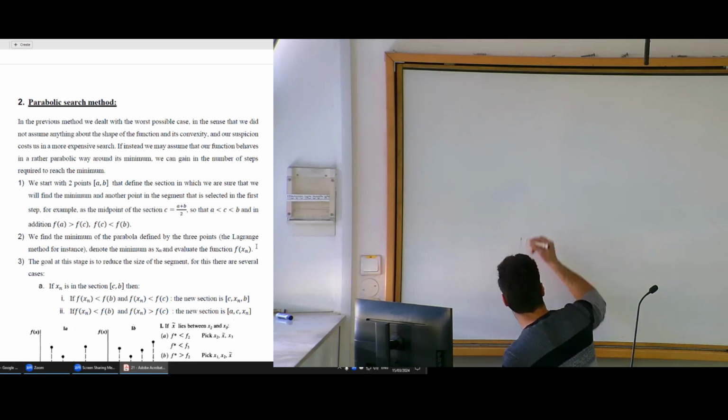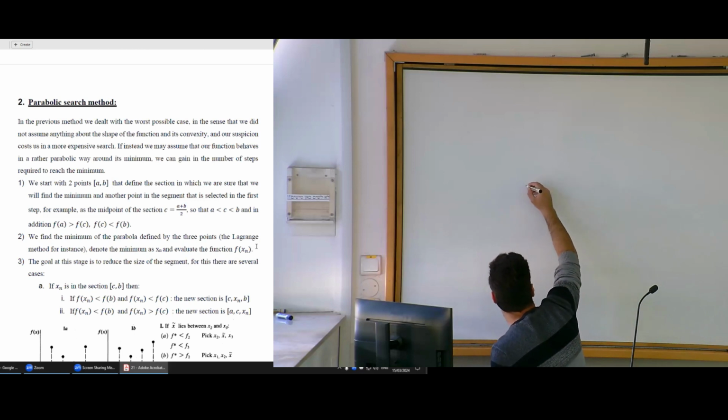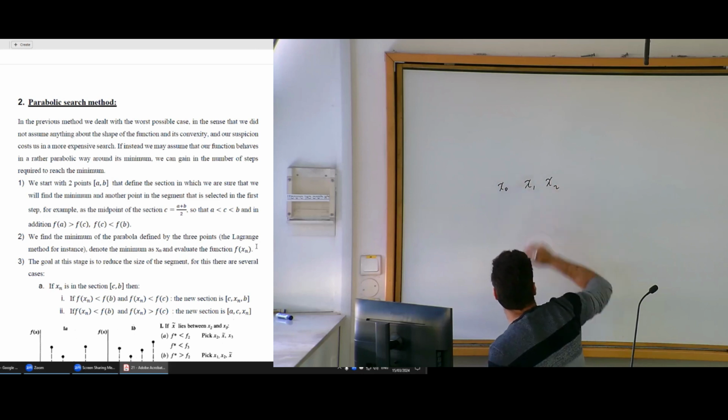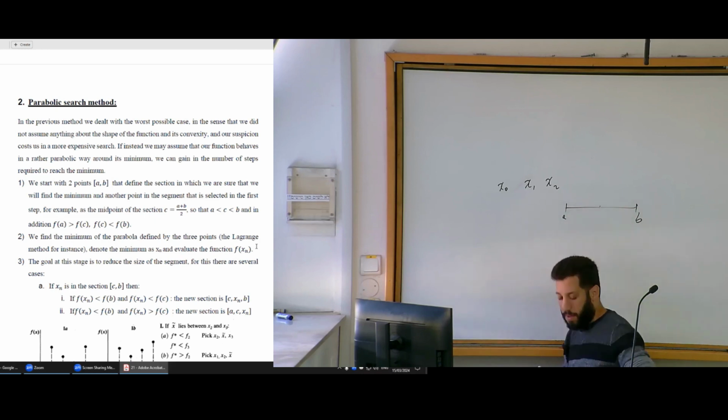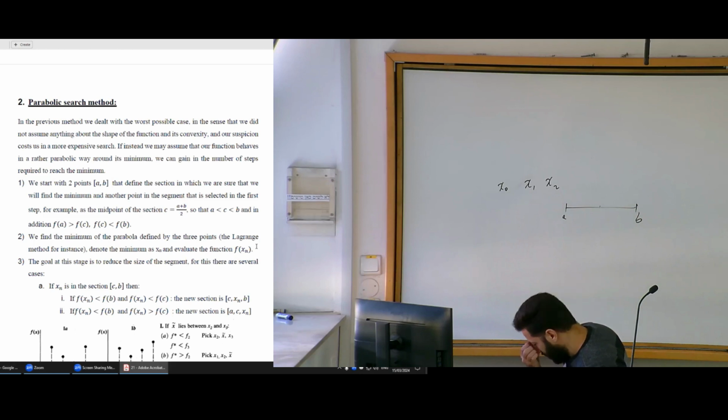Okay, so what is the parabolic way? The parabolic way is so easy. In each section we have 3 points: x0, x1, x2. So in the first iteration, we have A, B, and the x1 will be, for example, the A plus B over 2. When we have x0, x1, x2, we evaluate the function there, and we interpolate to a parabola.